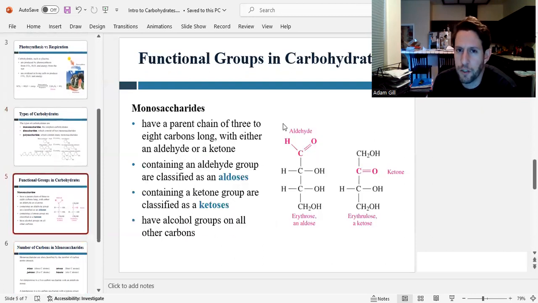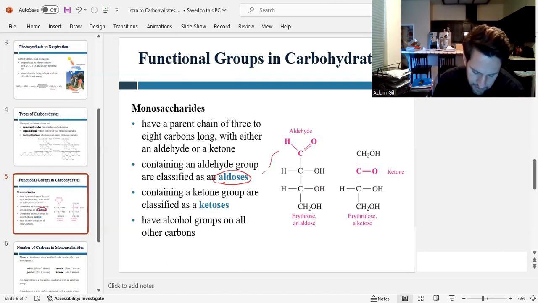Now let's talk about the functional groups in carbohydrates. So monosaccharides have a parent chain between 3 and 8 carbons long. They also contain a carbonyl functional group, either an aldehyde or a ketone. Sugars that contain an aldehyde group are known as aldoses.